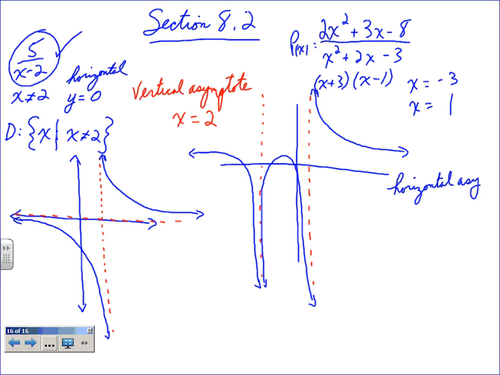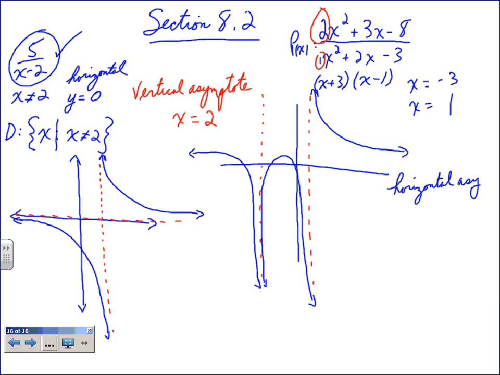In the second example I gave you, if the degree of the numerator is the same as the degree of the denominator, here the two degrees are the same, you look at the leading coefficients, and we see that it's 2 over 1, 1x squared, right?